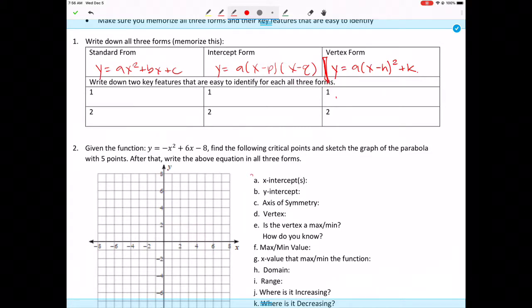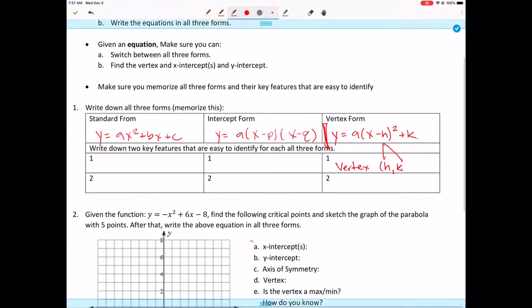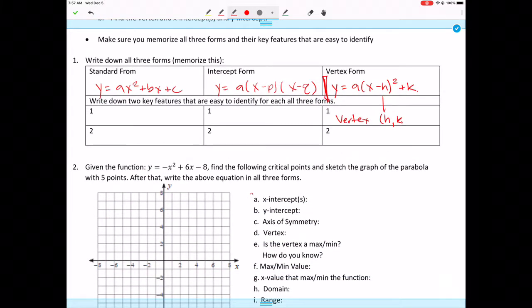One of those is the vertex. The vertex is (h, k). So all you have to do if you have that equation is plug those in from our equation, and then we can put it on our graph, if that makes any sense.